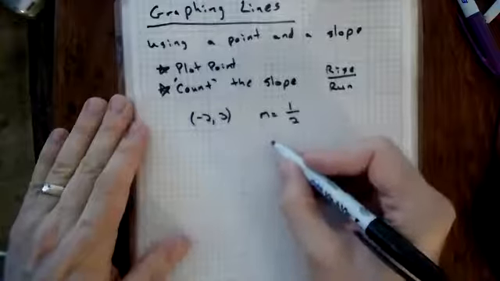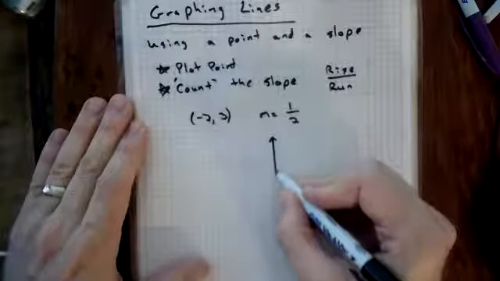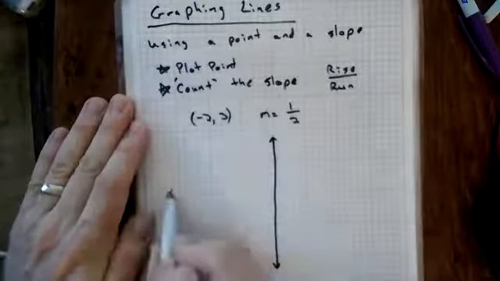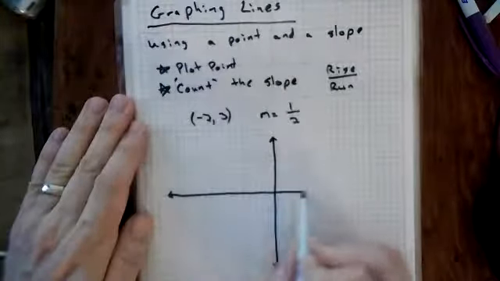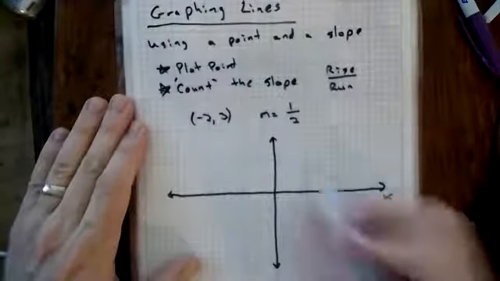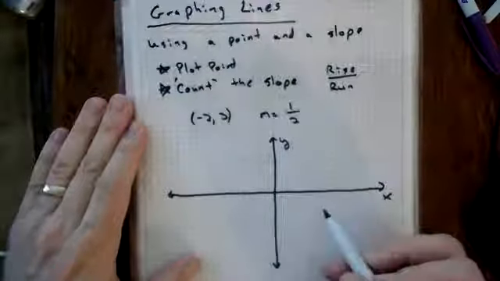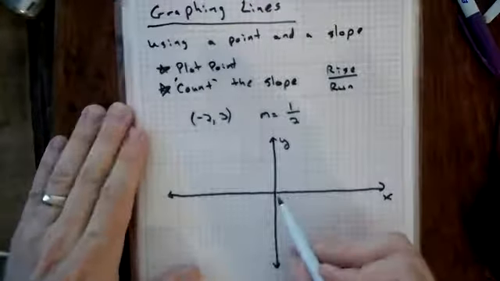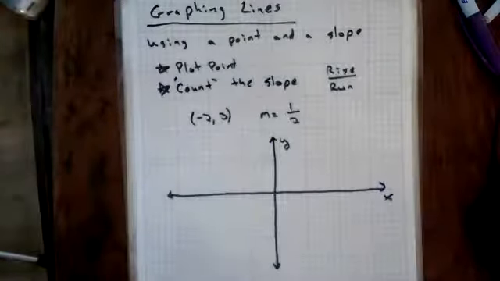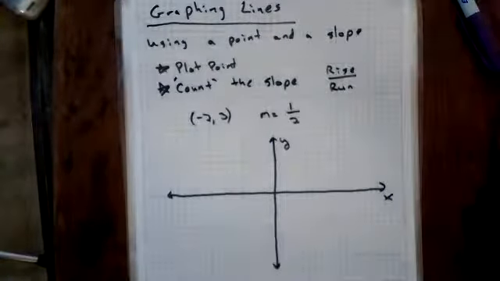So when we plot this, and I always like to remind folks, label your axes, it's important. Okay, we need to find our starting point here. So our starting point is going to be -2, 3.